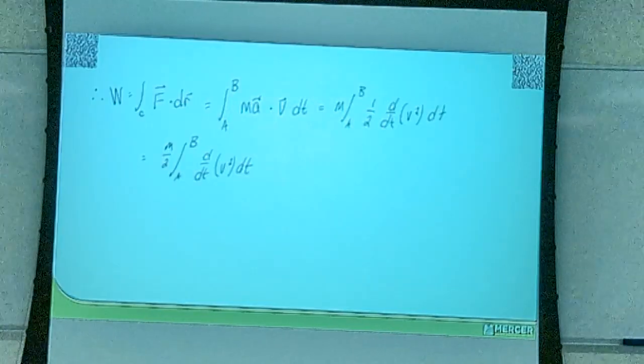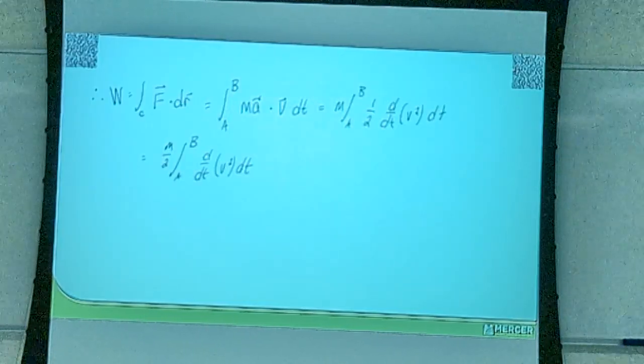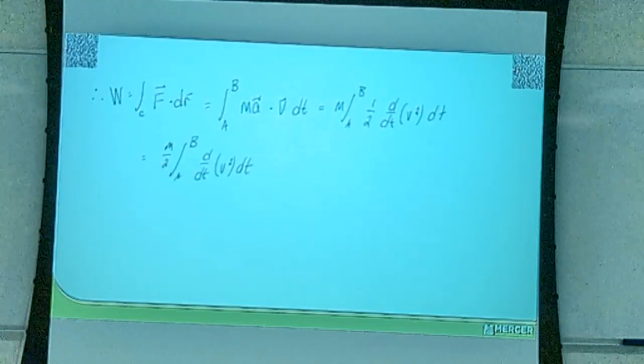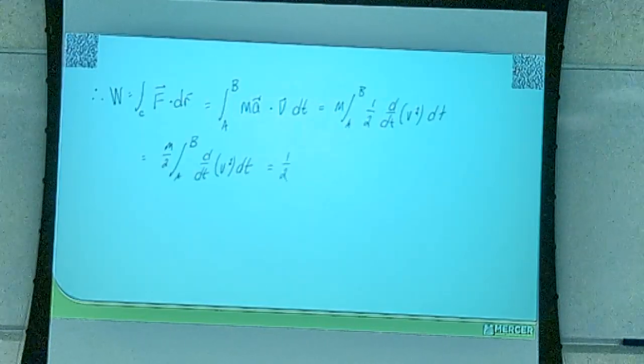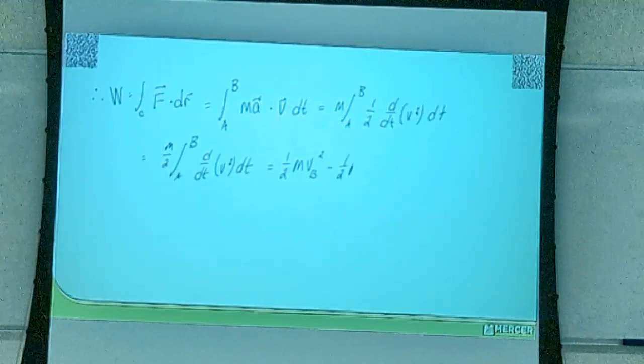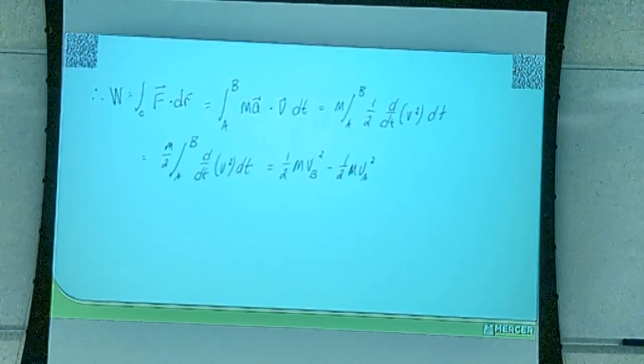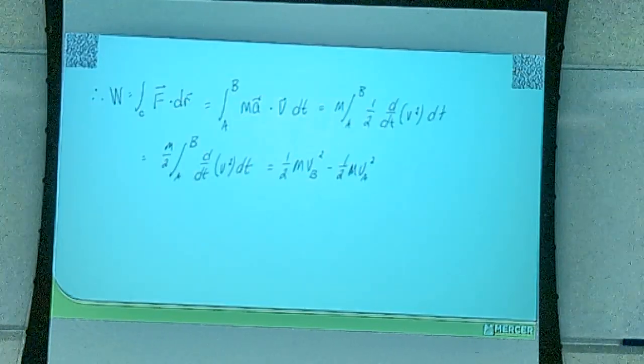That antiderivative is just v squared. You get a half mv_B squared minus a half mv_A squared.